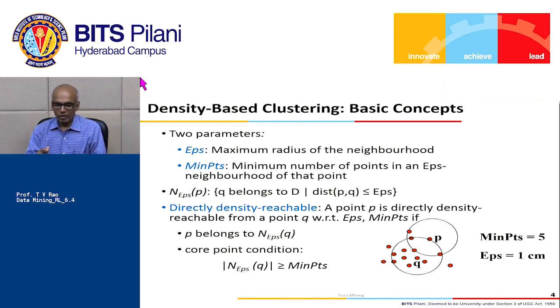So whenever we are looking at the neighborhood, we want to be clear what is the distance that we consider as the neighborhood. That is the epsilon, representing the radius which we consider as the neighborhood.